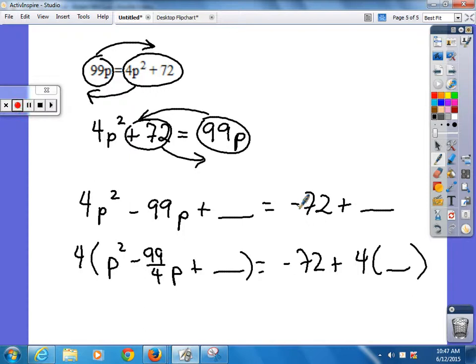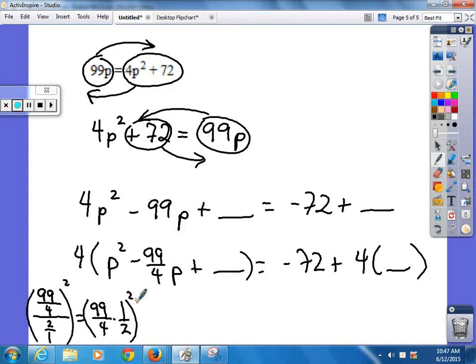So, here we've got to put this step in here because we're not sure, because it's a fraction. So we're going to divide by 2 over 1. So that means 99 over 4 multiplied by 1 over 2. And that's going to be 99 squared over 8.